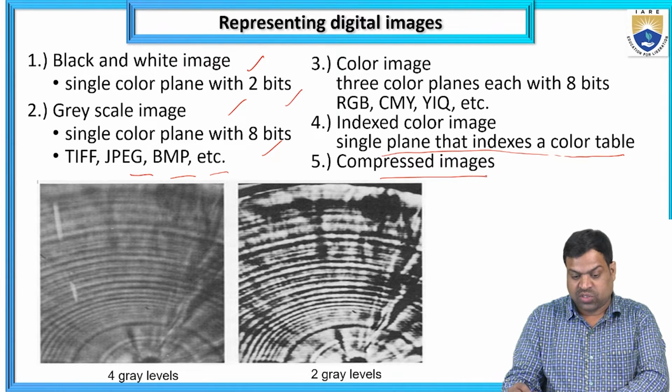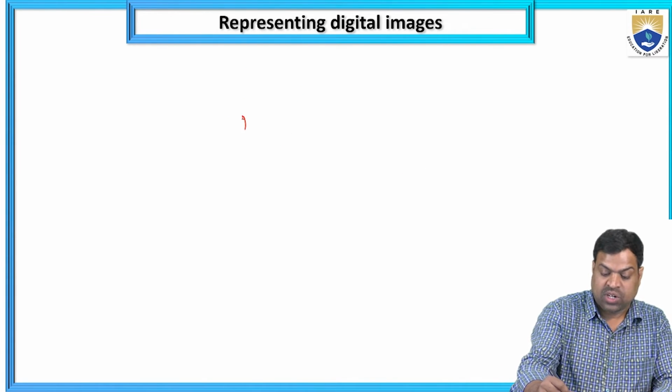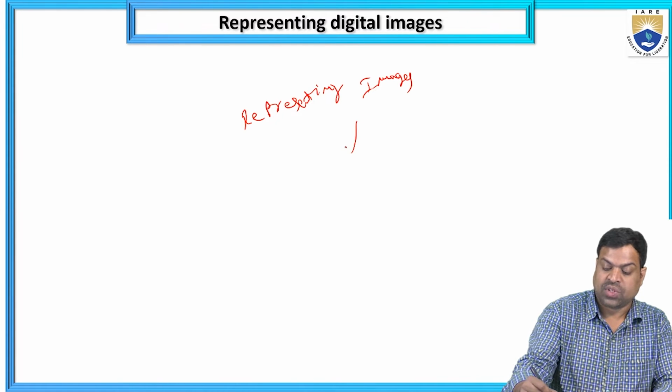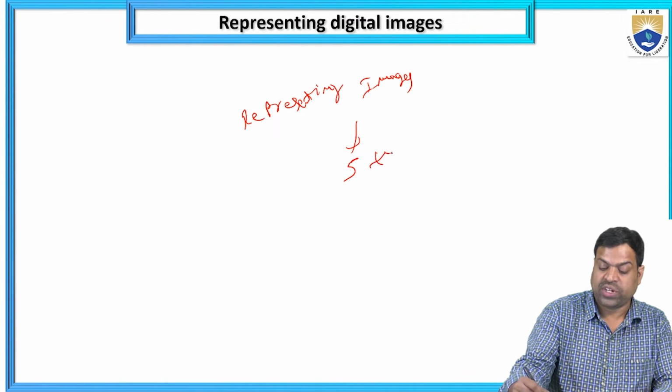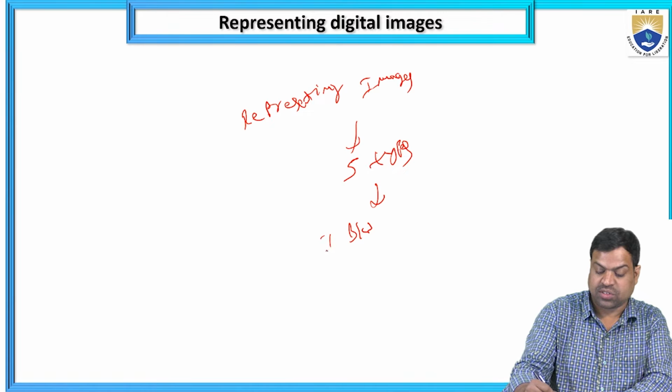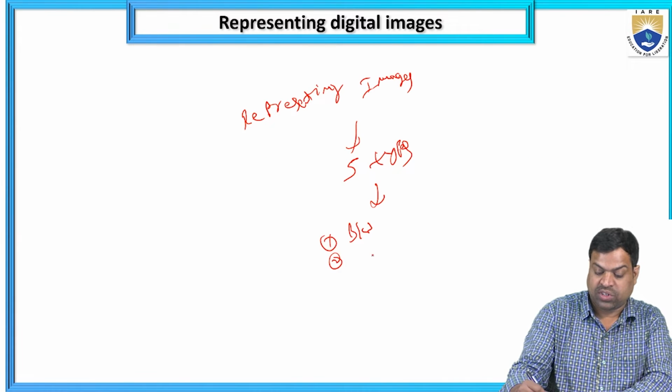Compressed images. So we represent images in 5 types. The first one is the black and white image. The second one, grayscale.